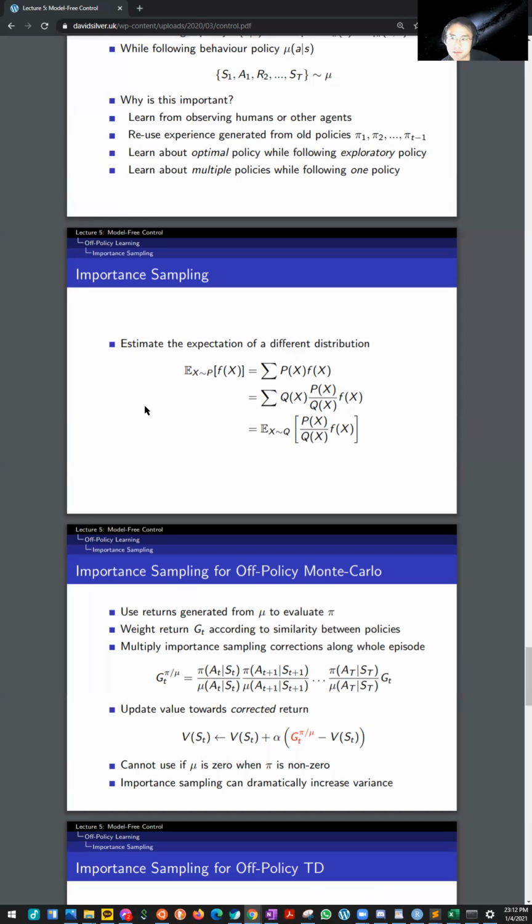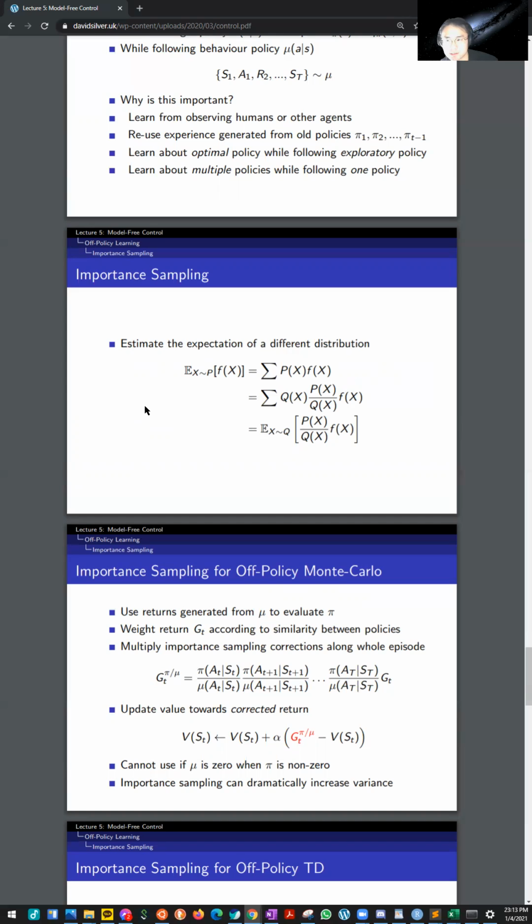But sometimes it's very difficult or almost impossible to generate samples for that specific distribution. But there are other proposed distributions from which it is much easier to get samples. So what we're trying to do with importance sampling is to calculate the distribution of interest through another proposed distribution.